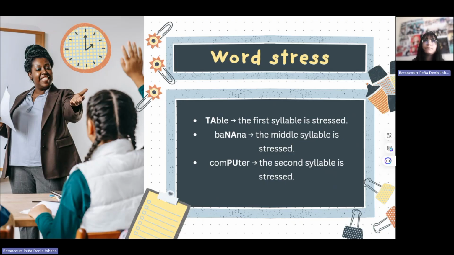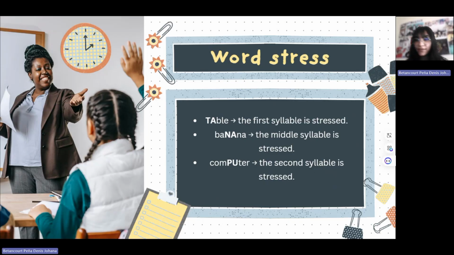Knowing this word stress also helps us to understand the difference between some words that look similar but have different stress and meaning. For example, the word present, that is the noun, present, and the word present, that is the verb.